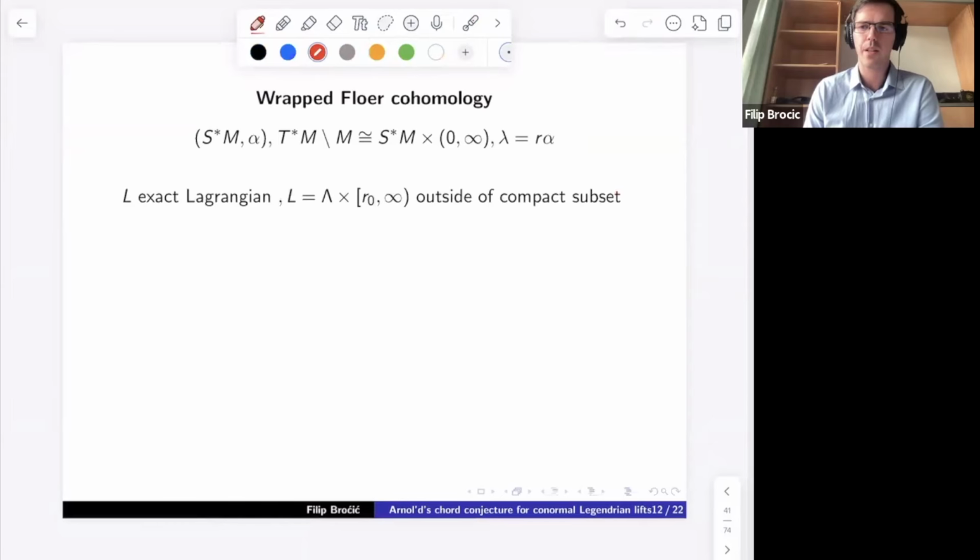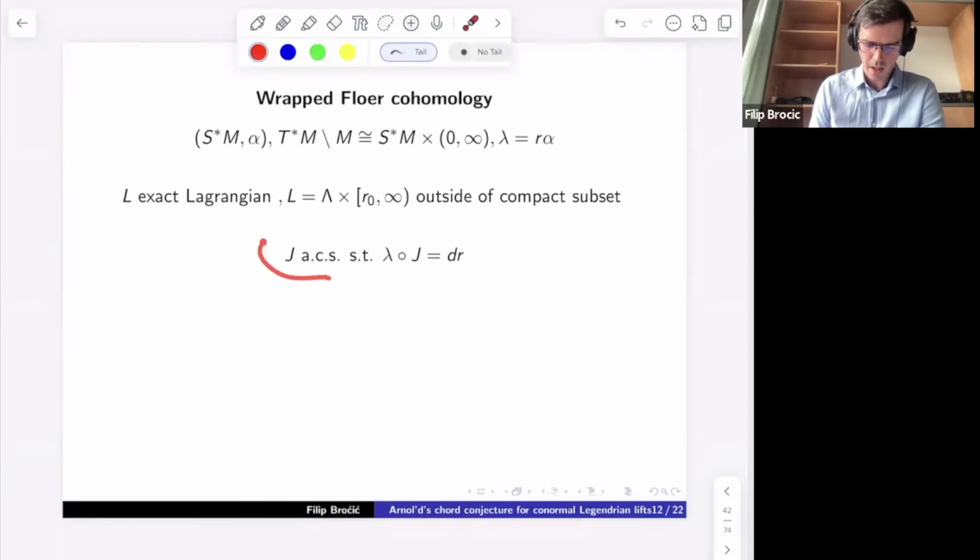Then, if we have an exact Lagrangian which is cylindrical outside of a compact set, meaning that it's Liouville invariant, then it traces out a Legendrian times the ray. The choice of almost complex structure is of SFT type, meaning that the composition of the Liouville form and J gives the differential of the radial coordinate.